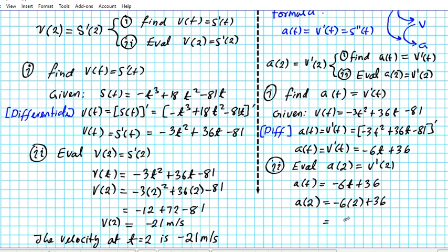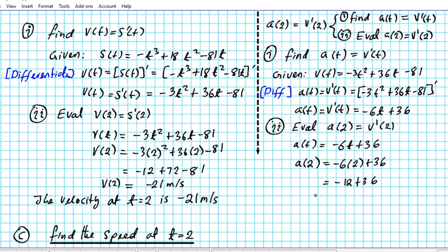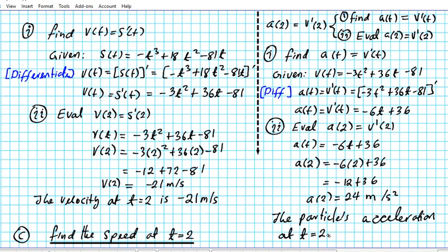You get negative 12 plus 36, and then your acceleration is 24. The unit for acceleration is meters per second squared. So the particle's acceleration at t equals 2 is 24 meters per second squared.